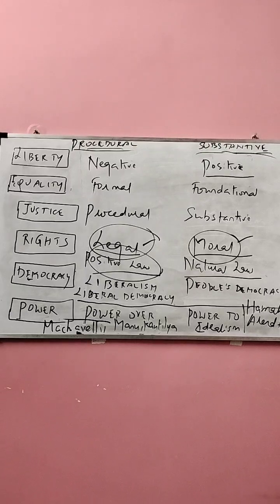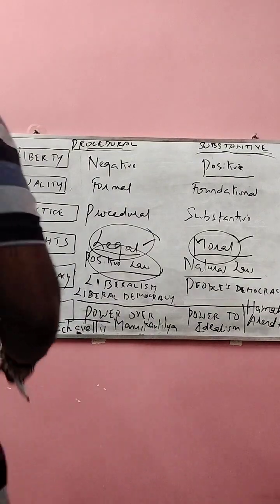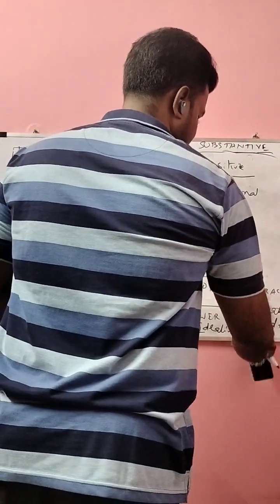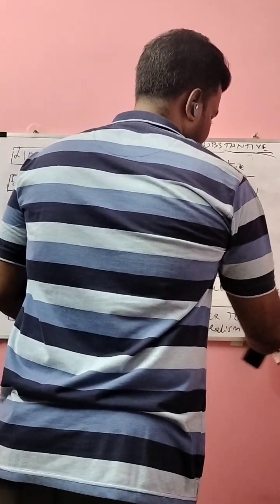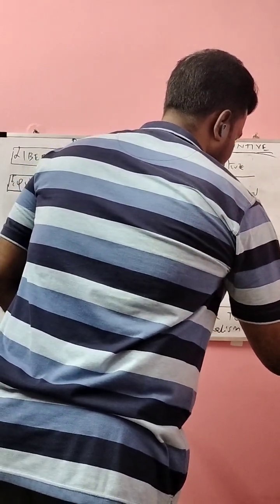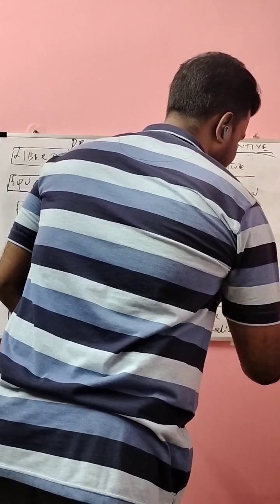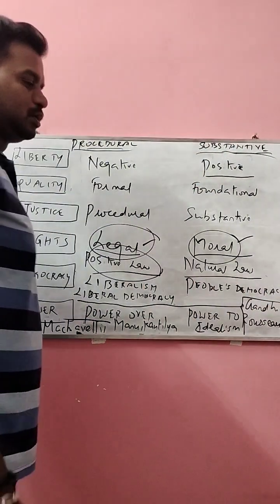According to J.J. Rousseau, power to is seen through the concept of general will. You can note Rousseau also. Hannah Arendt, J.J. Rousseau, Gandhi, they all come under power to. Even Marx can be placed under power to.